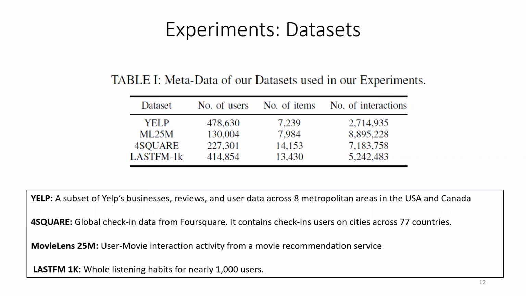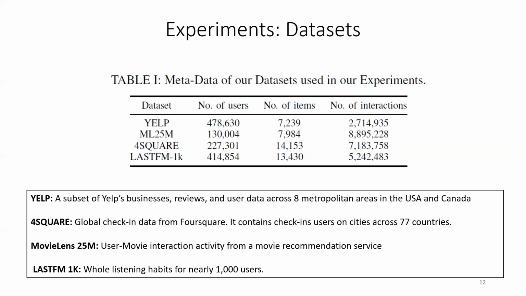So we'll now briefly describe our experiments beginning with the data sets. So in this work, we use 4 public data sets, and we've provided the metadata for those data sets here. So very briefly, we use Yelp, which is a subset of Yelp's business reviews and user data across 8 metropolitan areas in the US and Canada.